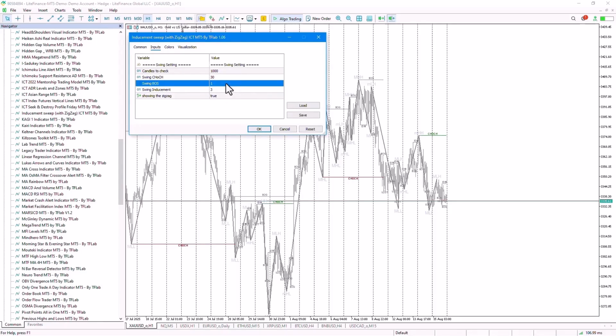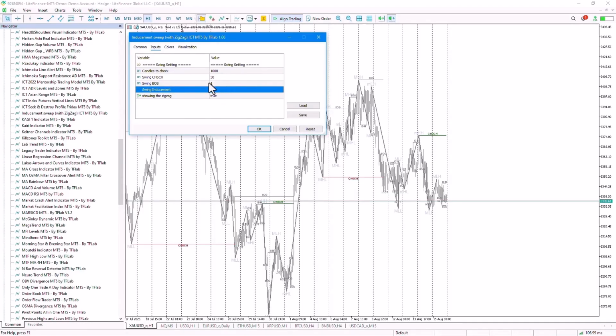In the next input, we can specify the BOS or break of structure levels. The swing break of structure is set with a period of 1, and the higher we set this value, the longer-term BOS will be identified. Conversely, the lower we set this value, the BOS that are drawn for us will be based on shorter-term periods.